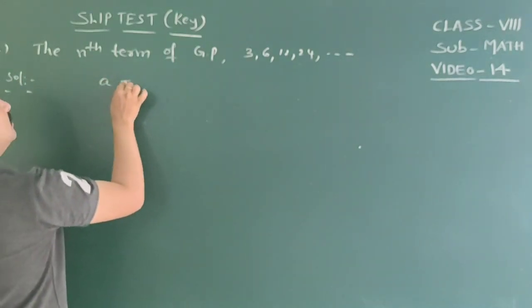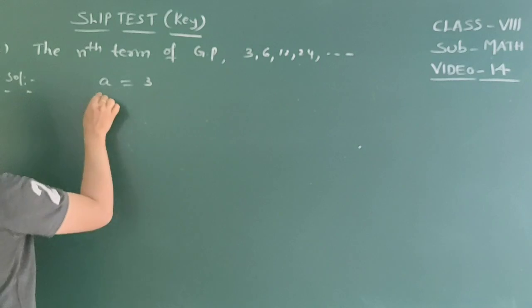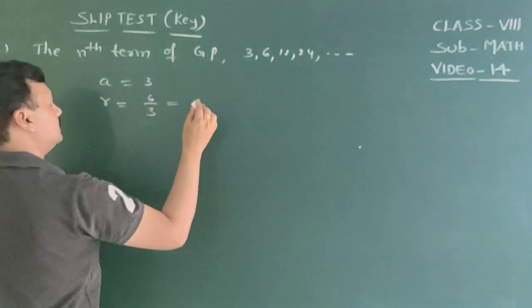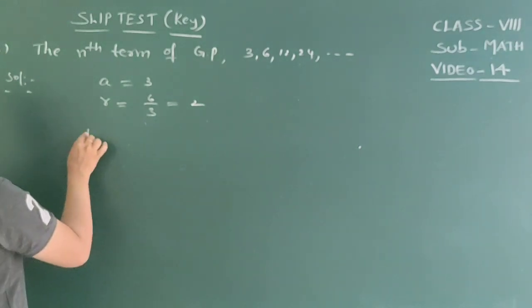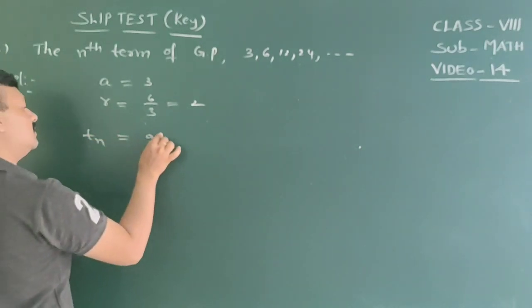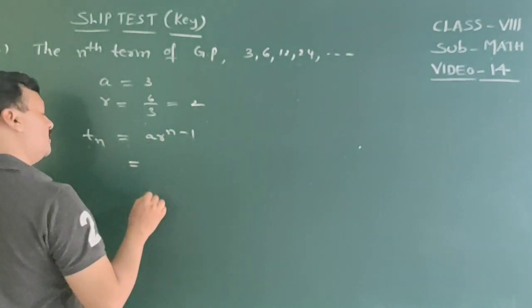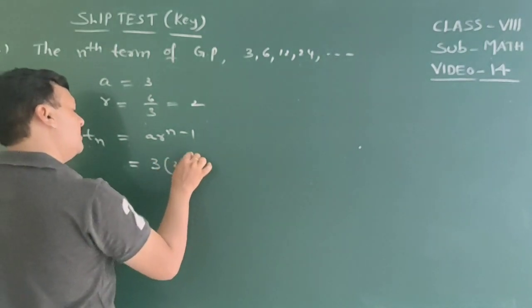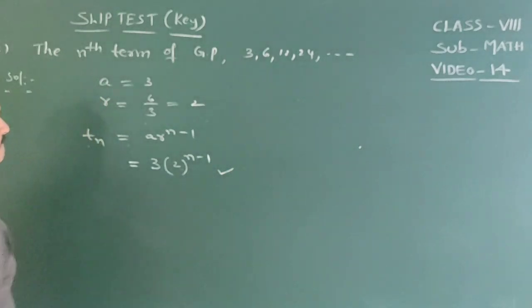Here a equal to 3, r equal to 6 by 3, that is 2. Tn, the nth term, is a r power n minus 1, which means 3 into 2 power n minus 1. 3 into 2 power n minus 1 is the nth term.